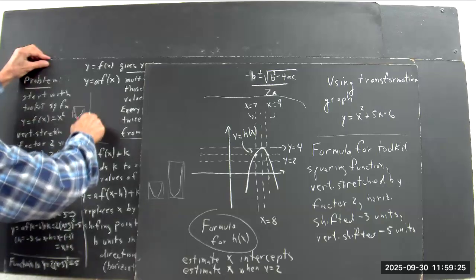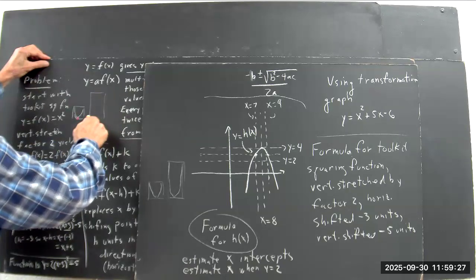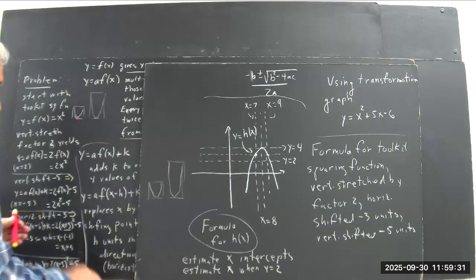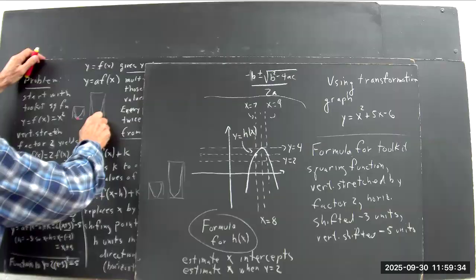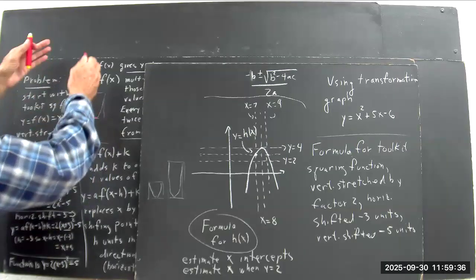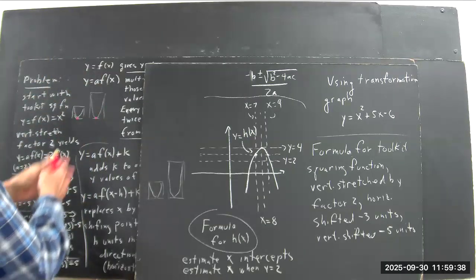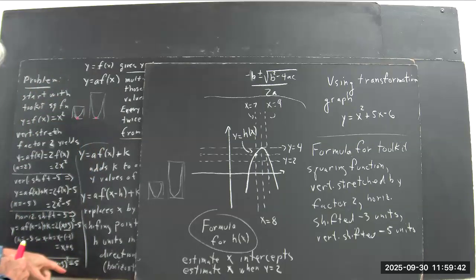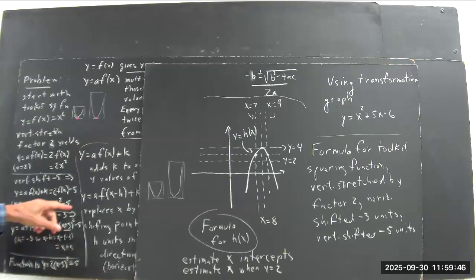We've stretched it out by a factor of 2, which gives us a taller, skinnier graph. I mean, it's the same width, but it's taller, so it looks skinnier. And then we've moved it over 3 units to the left and 5 units down.